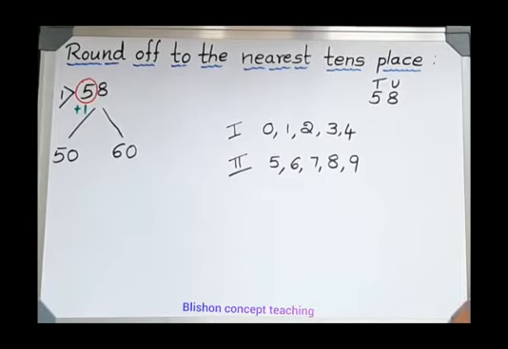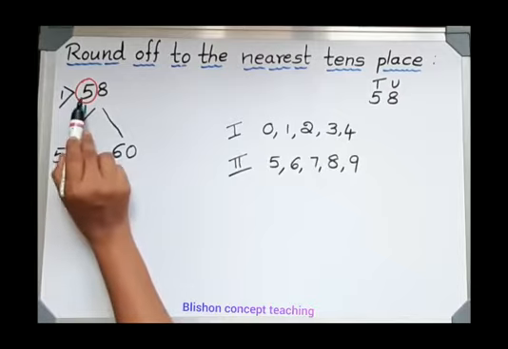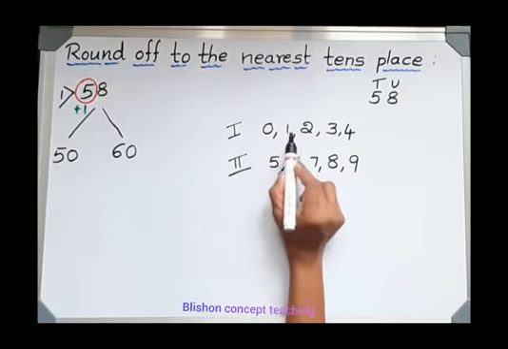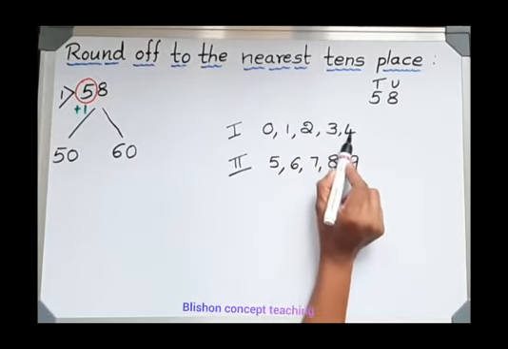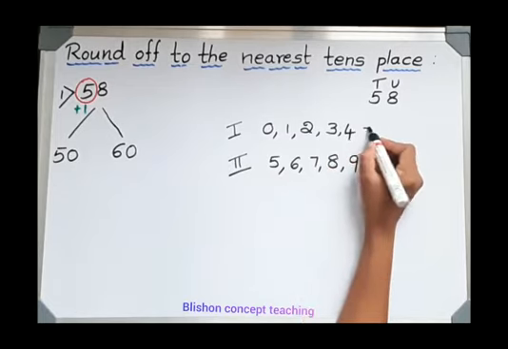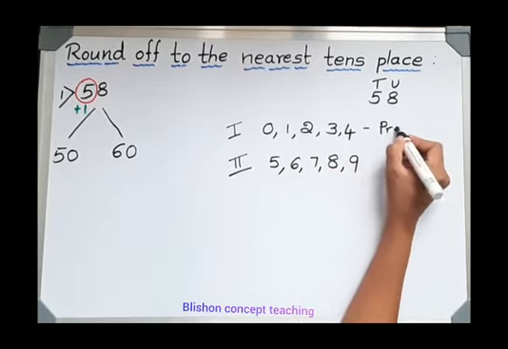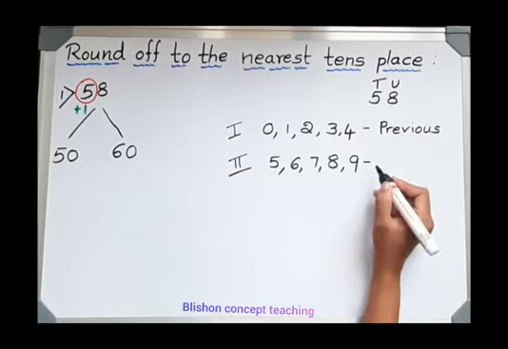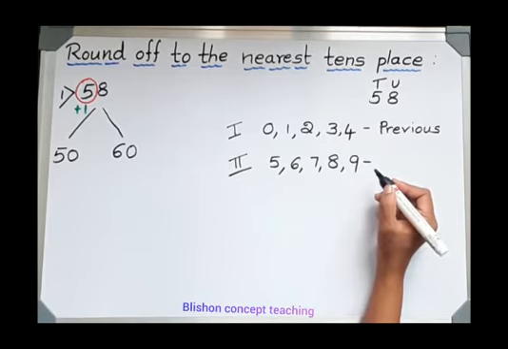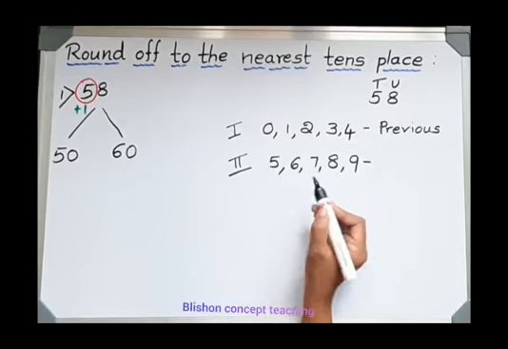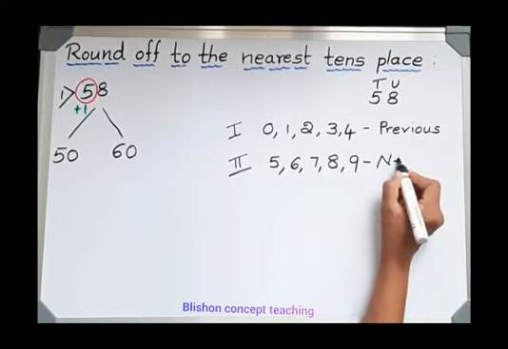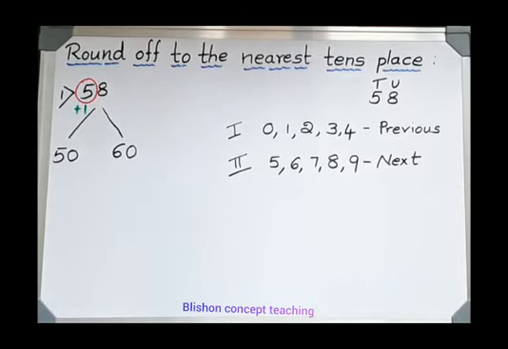See here, after the tens place, if the digit is 0, 1, 2, 3 or 4, then we have to round off for the previous number. Suppose if the digit after the tens place is 5, 6, 7, 8 or 9, we have to round off for the next number. I will explain this.